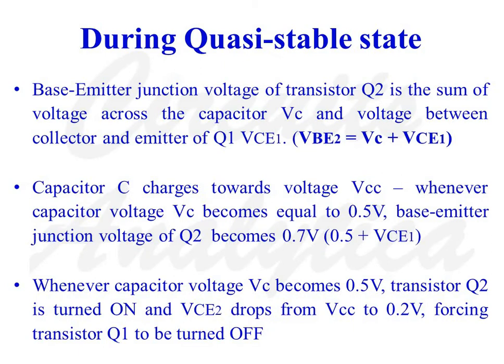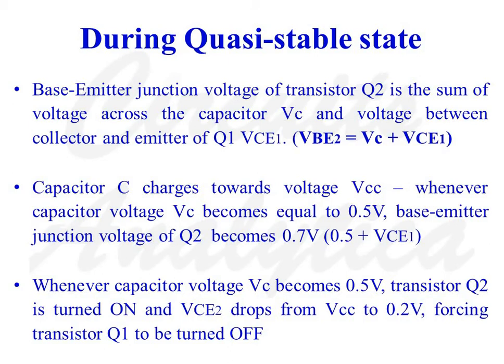The base emitter junction voltage of Q2 is the sum of voltage across capacitor Vc and voltage between collector and emitter of transistor Q1, VCE1. So VBE2 is equal to Vc plus VCE1. Capacitor C charges towards voltage VCC.